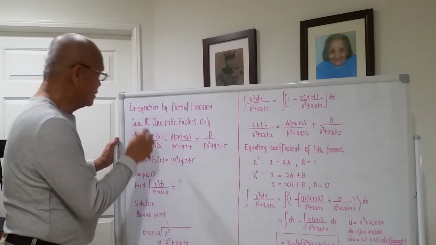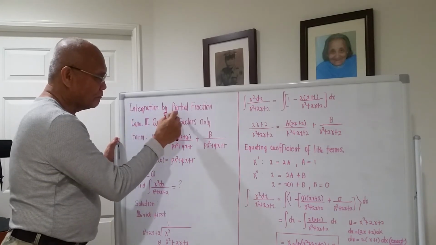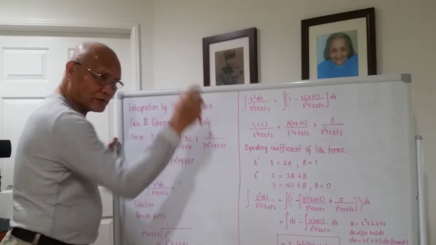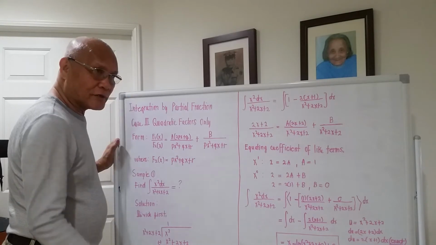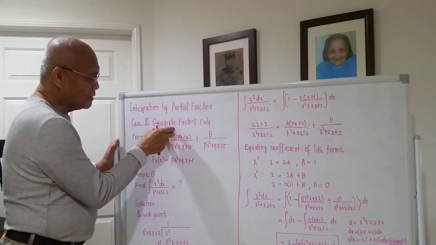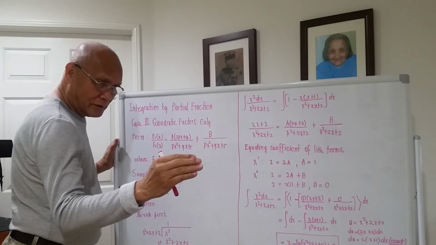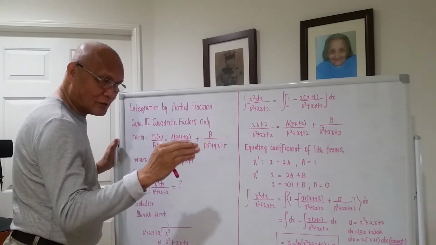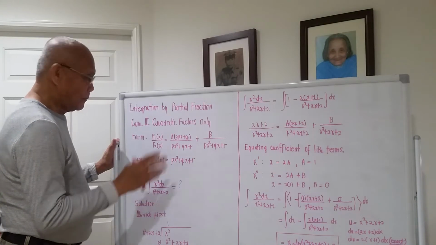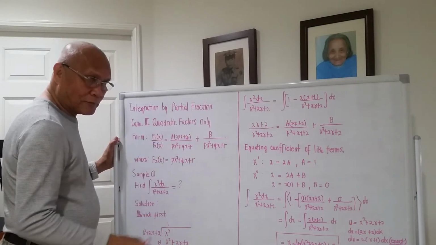Our topic is integration by partial fraction, case number 3. Case number 3 is quadratic factors only, meaning the given function is a quadratic equation. I'll try to bring out the form.